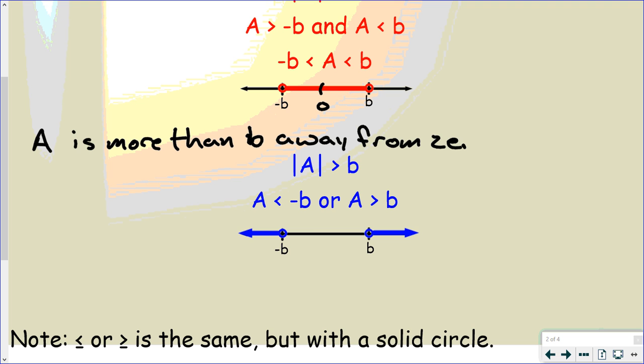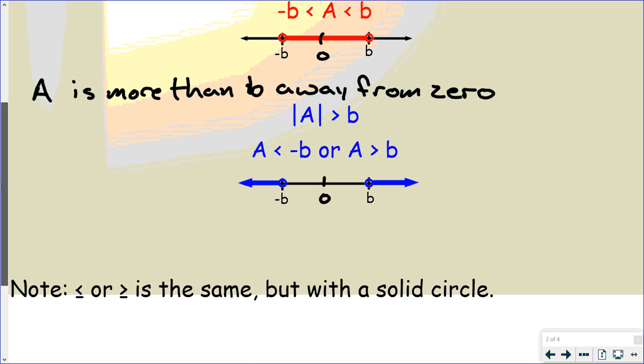So it's the exact opposite of the one above. Here's 0 on the number line, and A is more than B away, so it could be on either side. Now, note if there's a line underneath this, meaning or equal to, then you're going to use solid circles. Same thing, but you would have a solid circle.